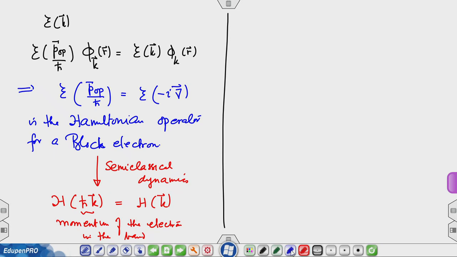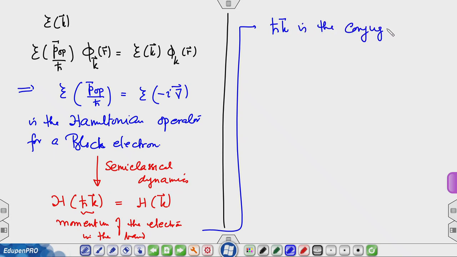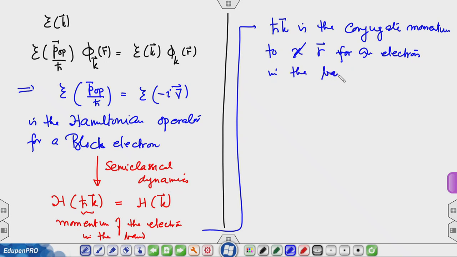Even better, I would call H cross k the conjugate momentum conjugate to x or r for an electron in the band. That is point number 1.